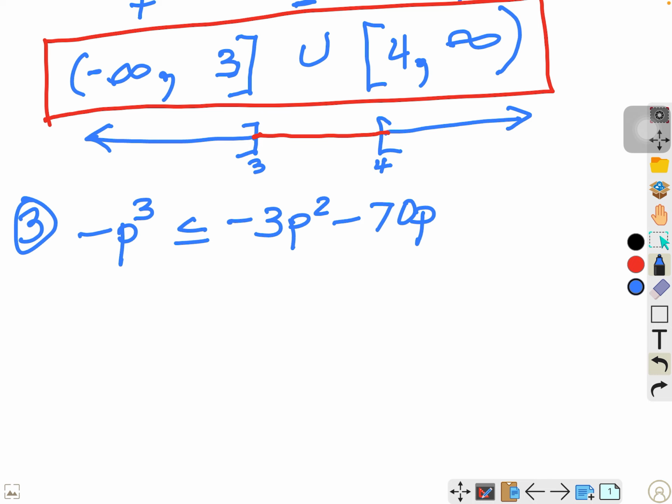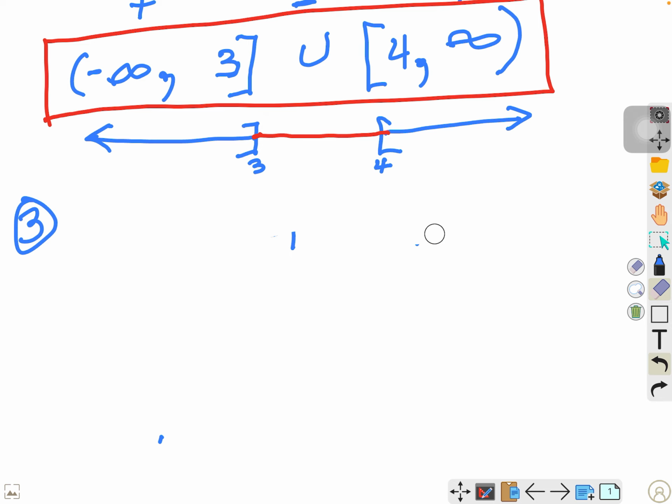And so in order to do that, we're going to add 3p squared to both sides. And let me give ourselves some more space so that I can provide more explanation.